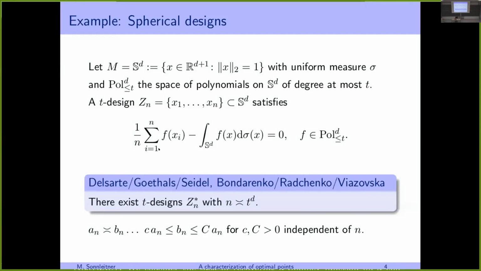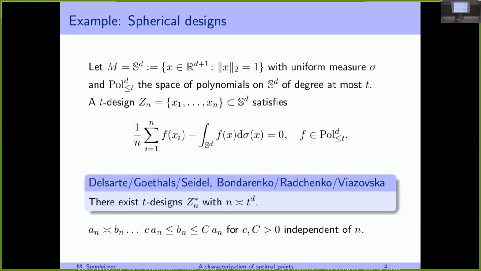Now this is some strict requirement, and the question is when can we find point sets like this? The number of points must be at least t to the d. This is due to a lower bound, which was already mentioned in previous talks, by Delsarte, Goethals and Seidel. And there's also a corresponding upper bound by Bondarenko, Radchenko, and Viazovska.